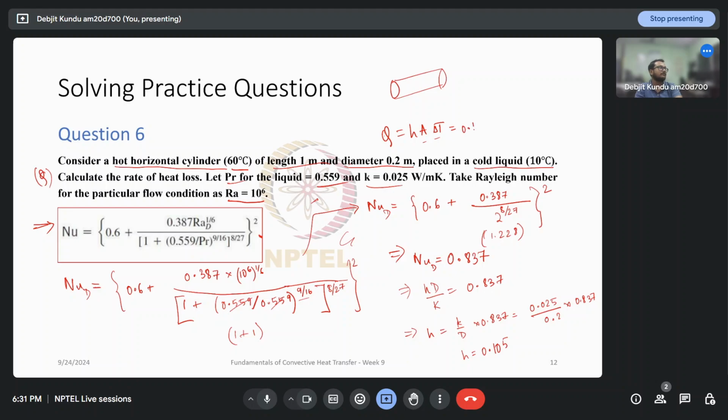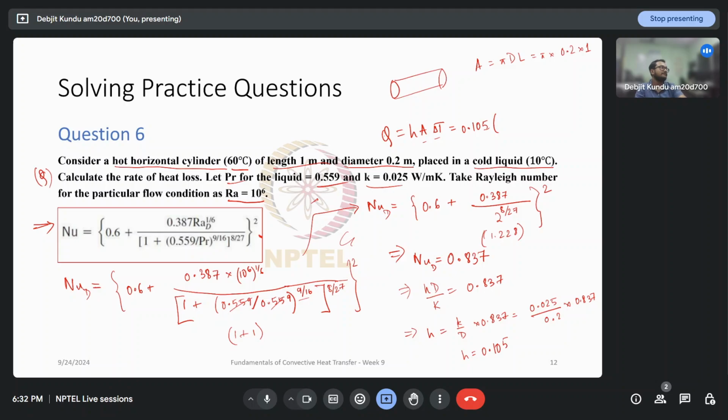I have 0.105. Area is basically 2 pi r, the circumference, or I won't write r, I'll just use A equals pi D into L. So pi into D is 0.2 into L is 1.